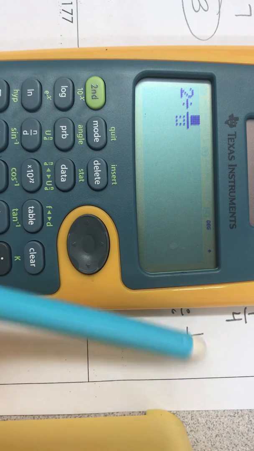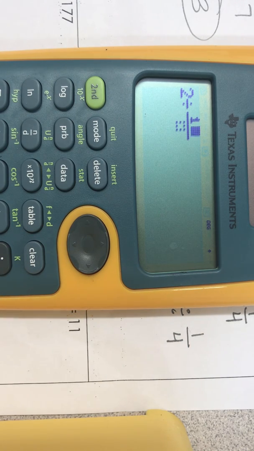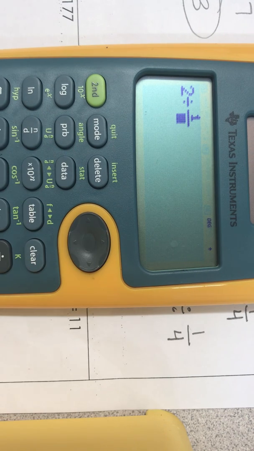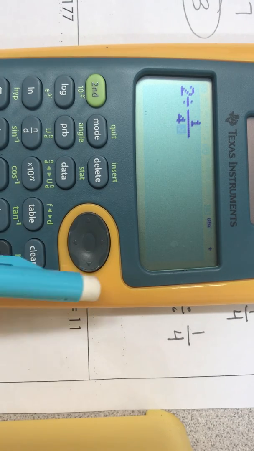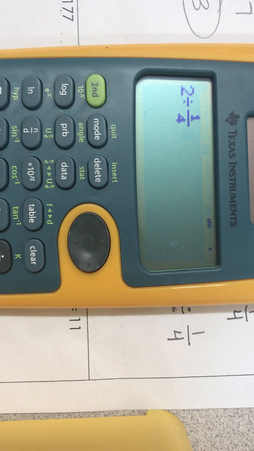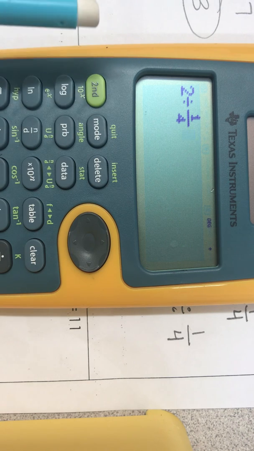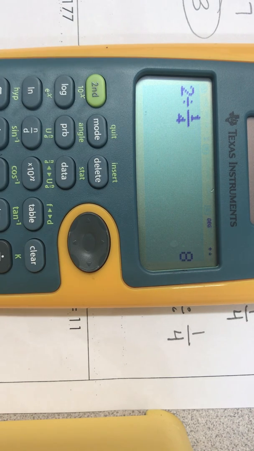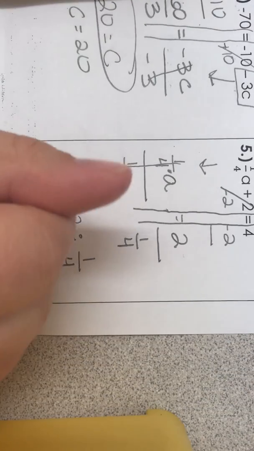My fraction here is 1/4, so I'm going to put a 1 in the numerator, then come over here and I'm going to arrow down, put a 4 in the denominator, and then I like to arrow over so I'm no longer inside of the fraction and I won't mess anything up, hopefully. So 2 divided by 1/4 gives me an answer of A equals 8.